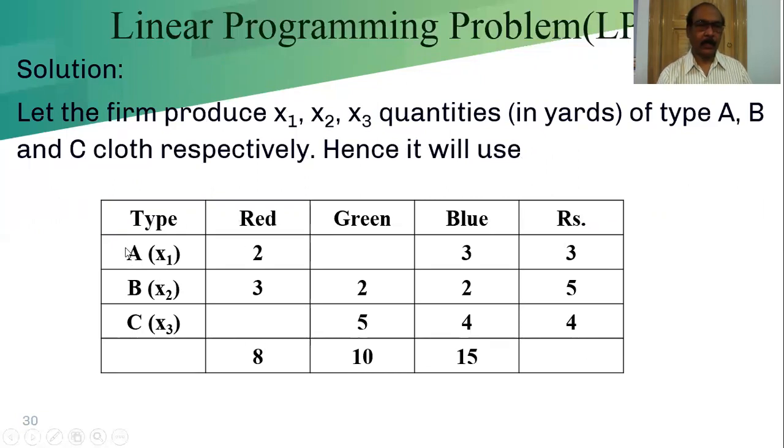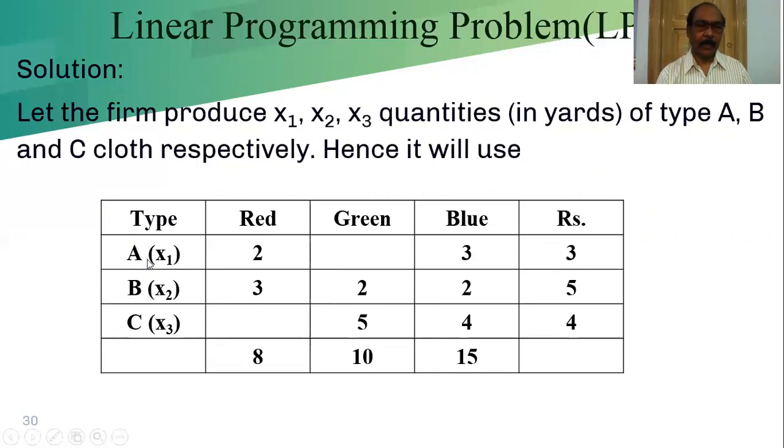Production of type A is x1, of type B is x2, and of type C is x3. For type A our income is rupees 3, that means rupees 3 is the profit. For B, rupees 5, and for C, rupees 4. So these 3 are the profits related to types A, B and C respectively.